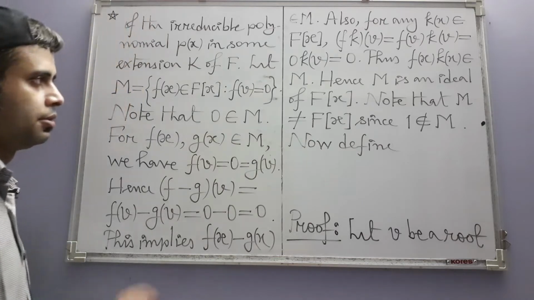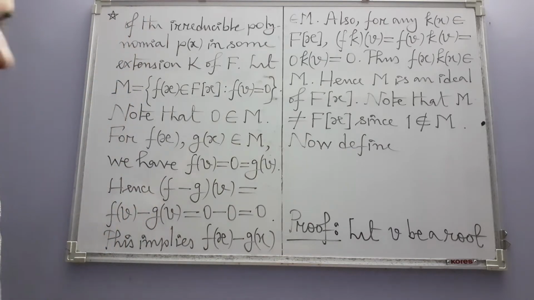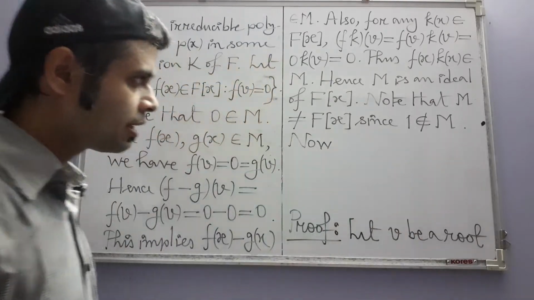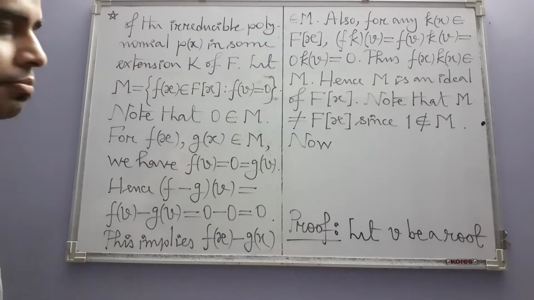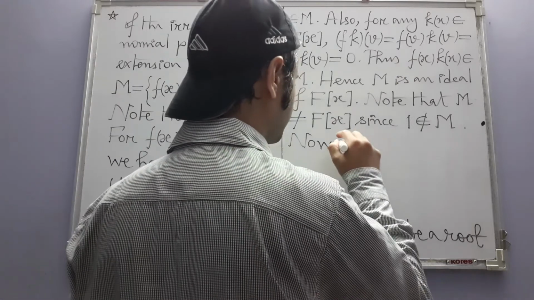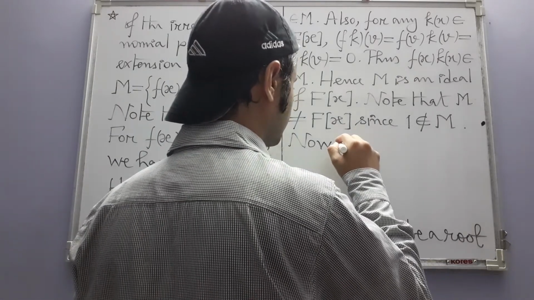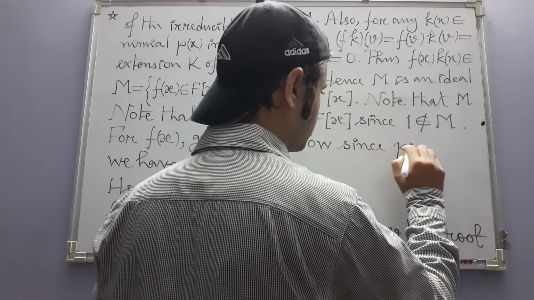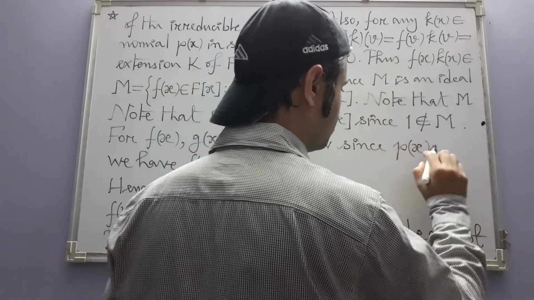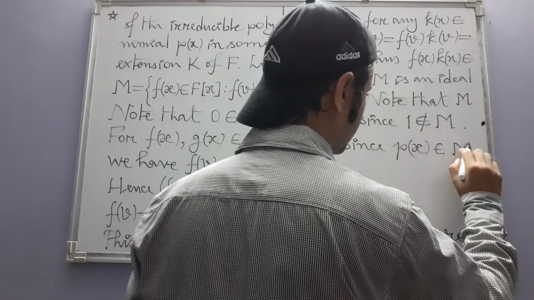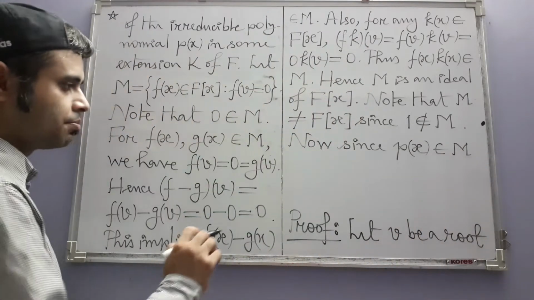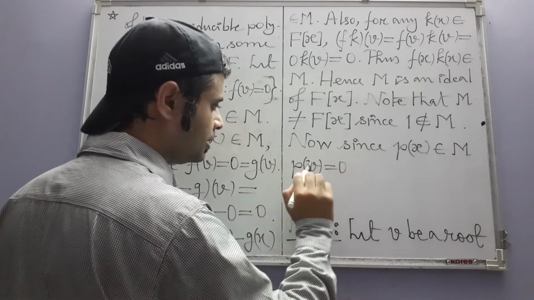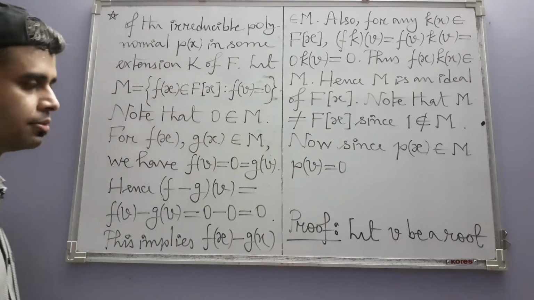Now we note the fact that p(x) itself is an element in M, since p(x) belongs to M. Why is that so? Because p(v) is 0, and that is because v is the root of p.